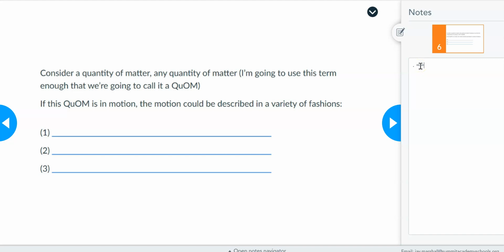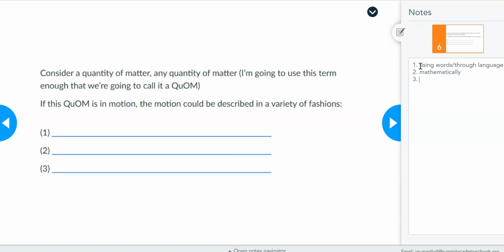So the first way that we're going to describe motion is by just simply using words, or through language. The second way that we're going to describe motion is mathematically, through the use of mathematical formulas or mathematical words.